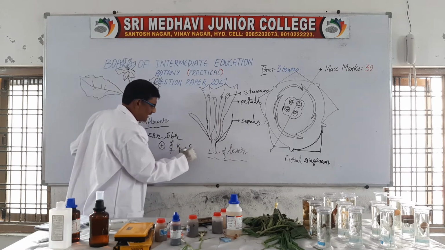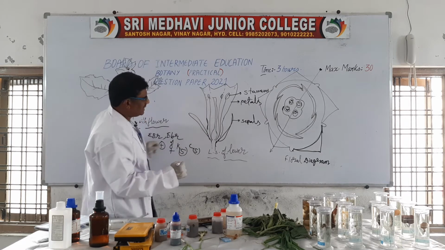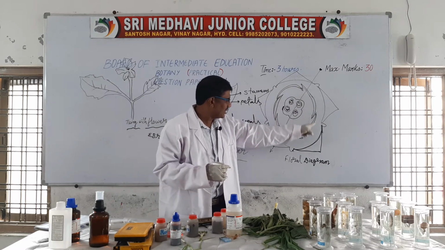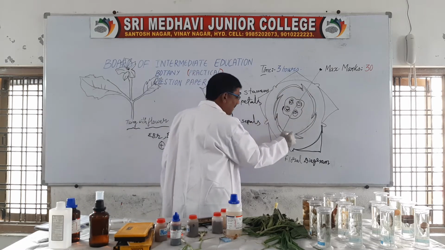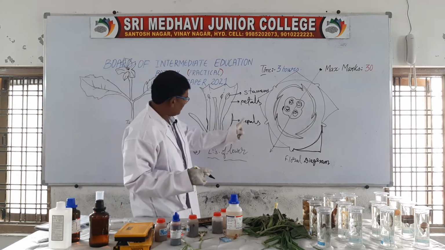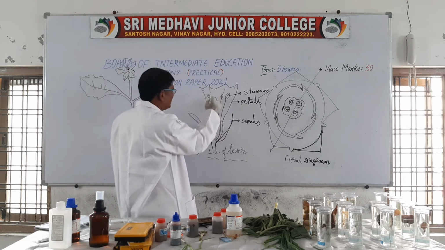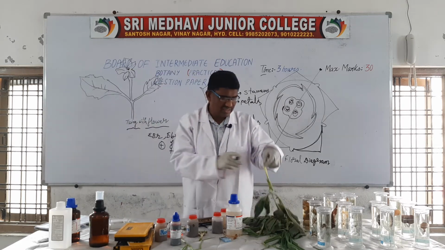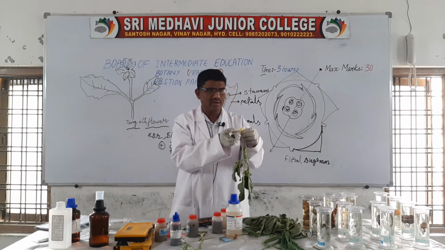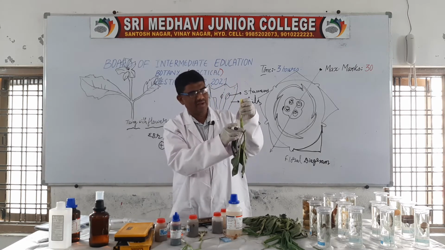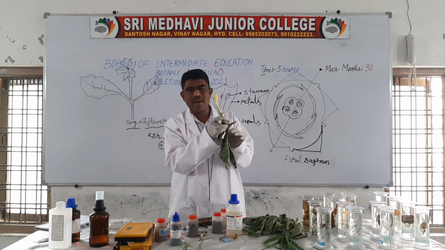Then petals are 5, the 5 petals are also united, forming a funnel-like structure. They overlap each other and are united. When you observe the flower, 5 petals are present, first, second, third, fourth, fifth, arranged in a funnel shape. It is called gamopetalous.